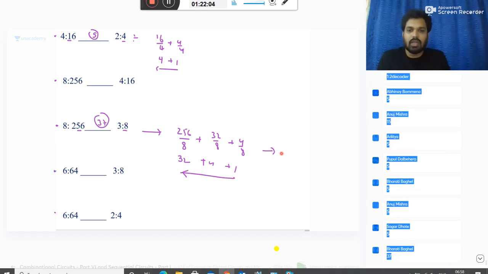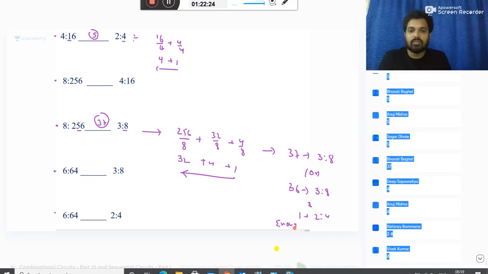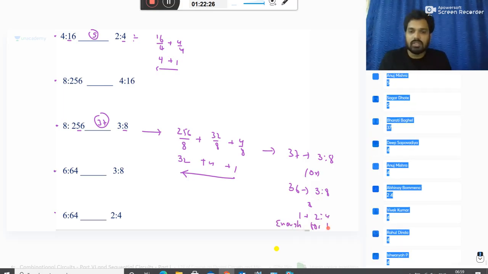Here you can say your answer is 37, 32 by 8 or 36, 32 by 8 and 1. What is the numerator here? 2 by 4. Enough for first stage.